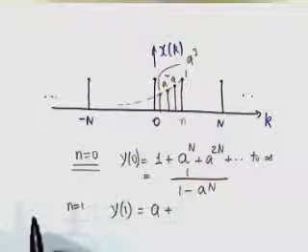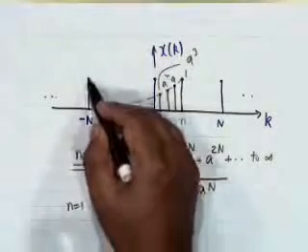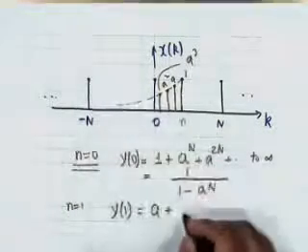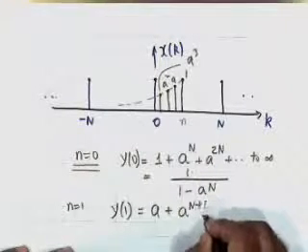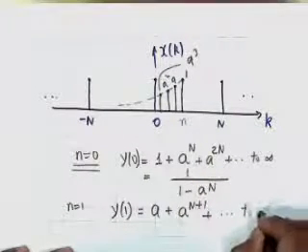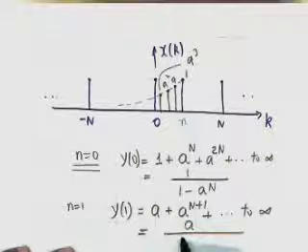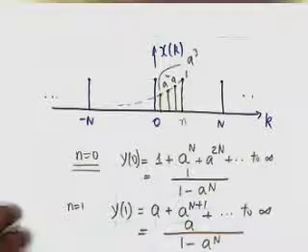The next sample shall be the overlap of 1 with a to the power N plus 1, and therefore I get a to the power N plus 1, plus etc. to infinity, and this obviously is a divided by 1 minus a to the power N, and this continues.